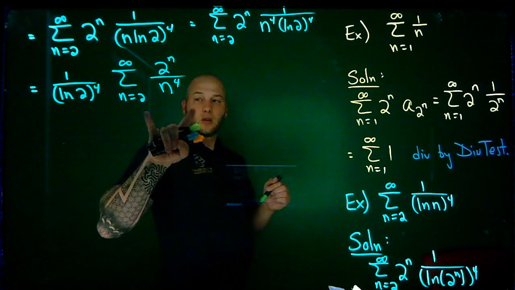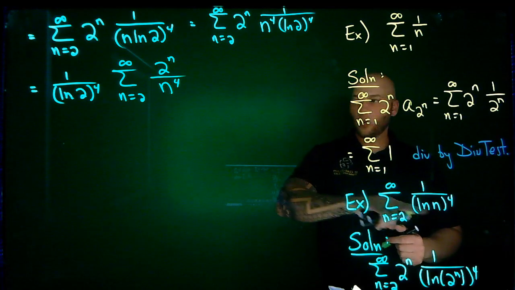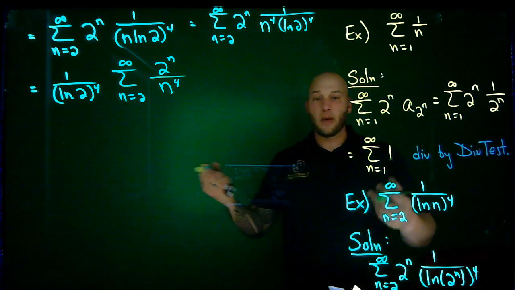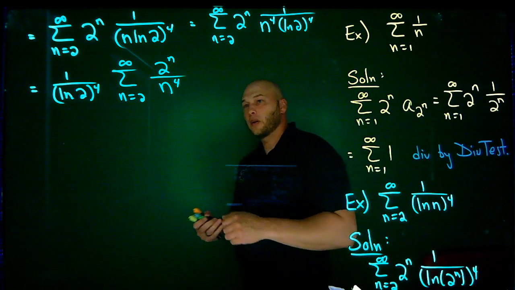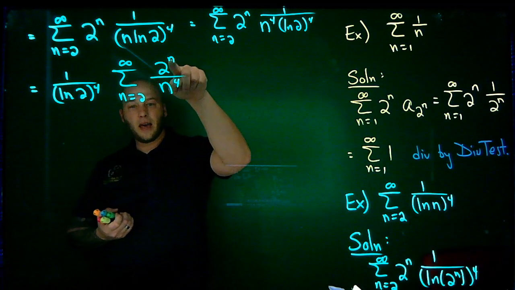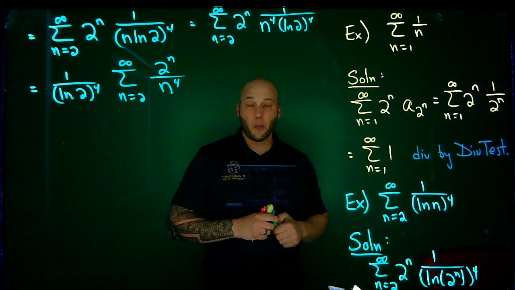Now my task is to interpret this series. What we did is we took the original series and converted it to something that we may have seen in a previous section. In particular, notice I've got a power of n, and then I've got n to a power. We could use a couple different tests on that.